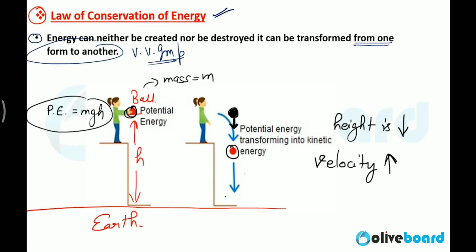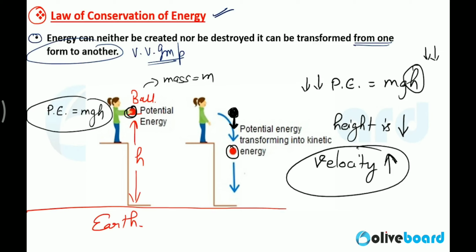Since the potential energy is mgh and the height is reducing, the value of potential energy is reducing, but at the same time the velocity of the ball is increasing continuously.